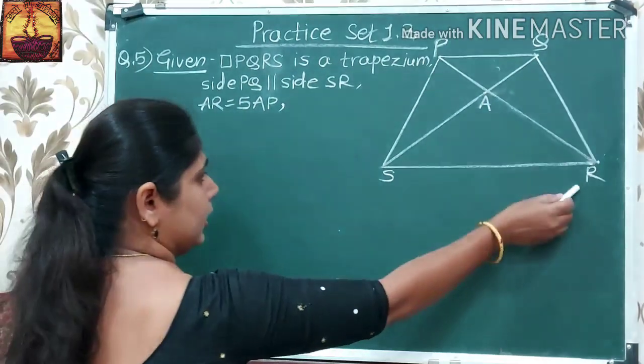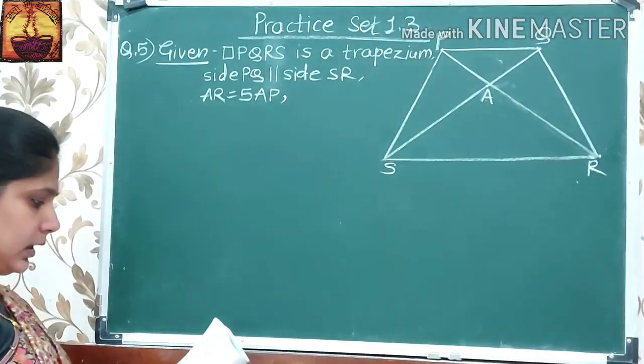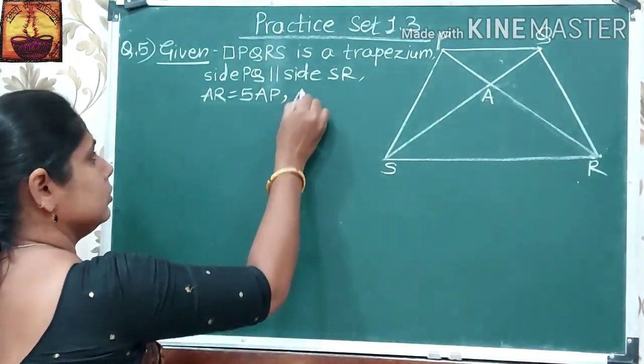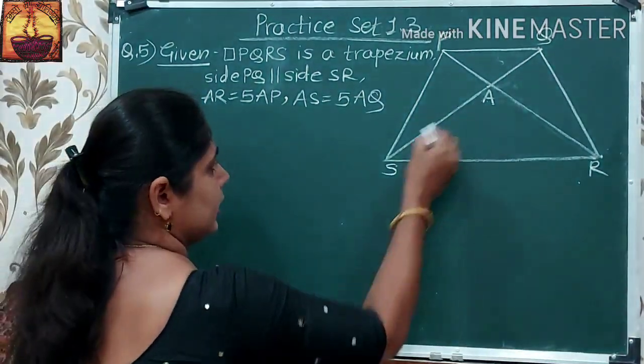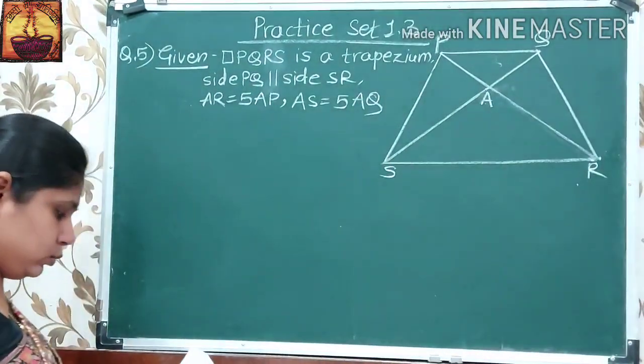Here, AR is equal to 5 AP and AS is equal to 5 AQ.